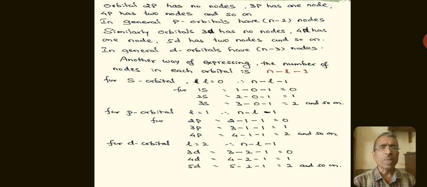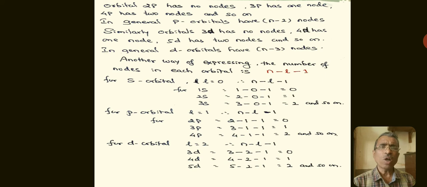Another way of expressing the number of nodes in each orbital is n-l-1. For s orbital, l is equal to 0.